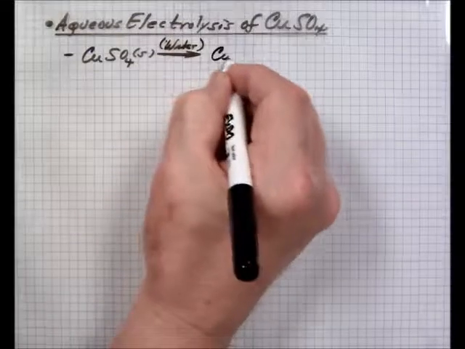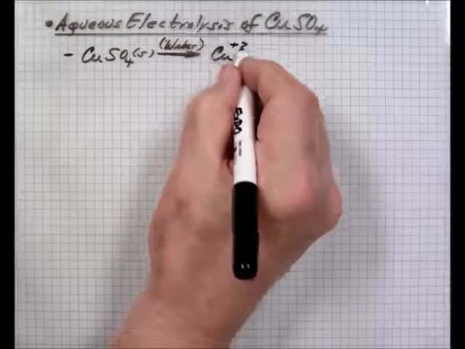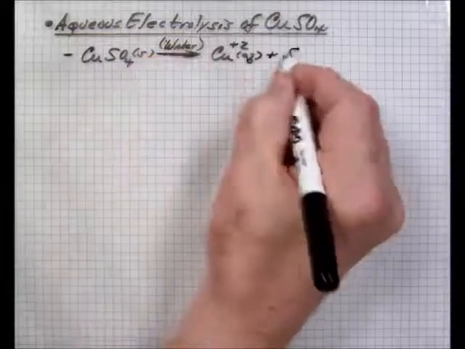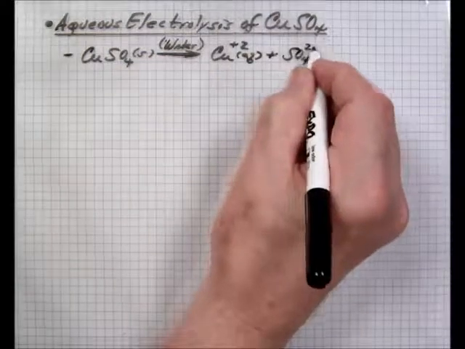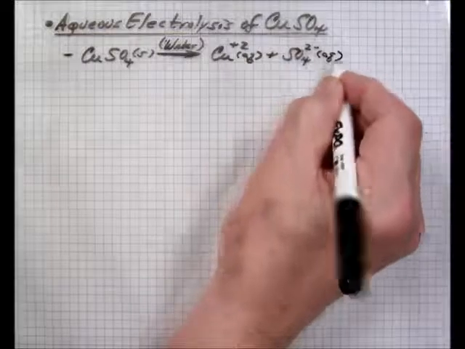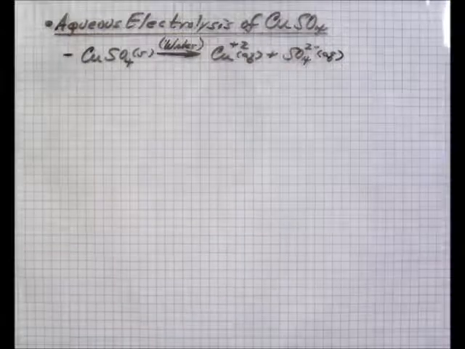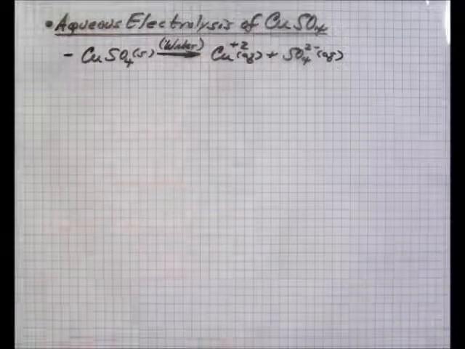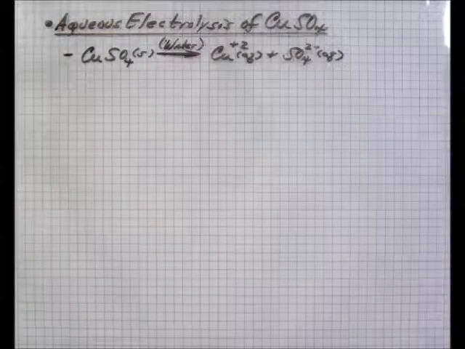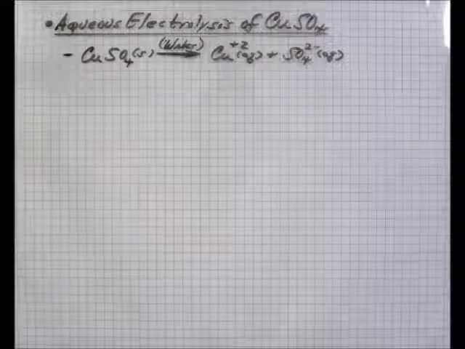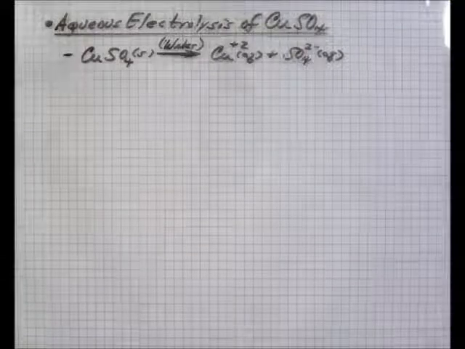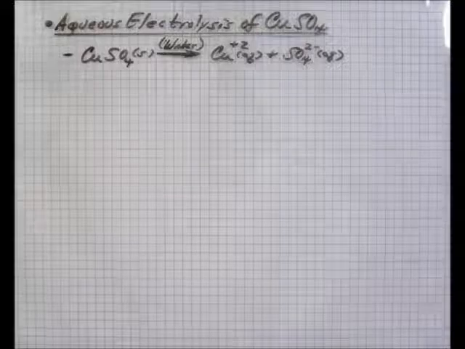We'll make copper 2 ions, aqueous, plus the sulfate ions, aqueous. Now the oxidation reduction of copper, and then the oxidation reduction of sulfate, and then we'll compare those with the oxidation reduction of water and see who's dominant at each electrode.